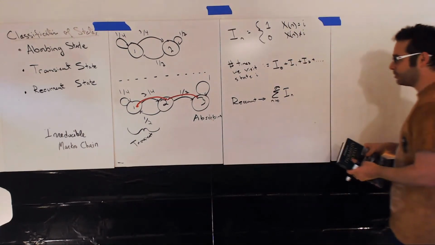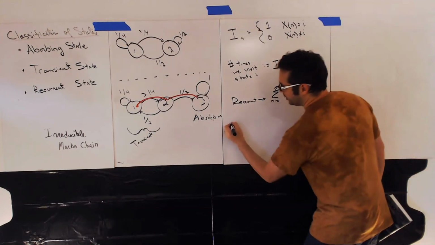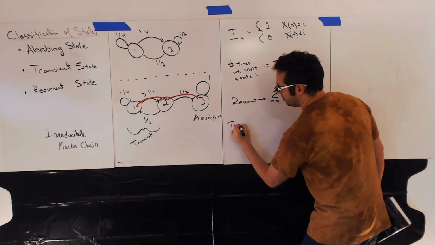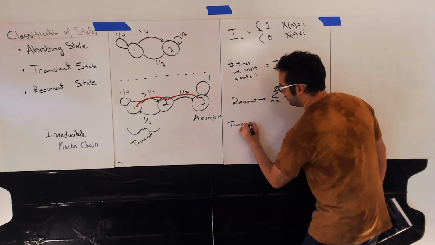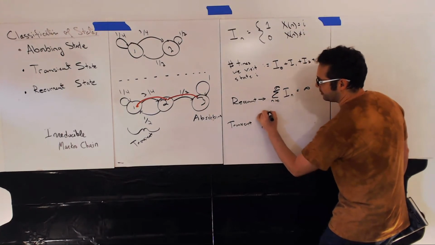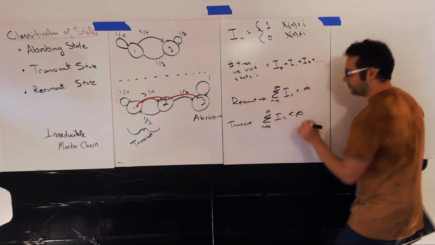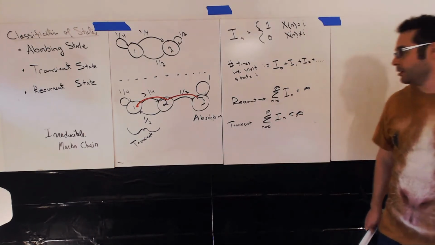So they will go to infinity. Okay. Now for a transient, the sum from 0 to infinity of I of n will actually be less than infinity. It will be a finite number. Okay?